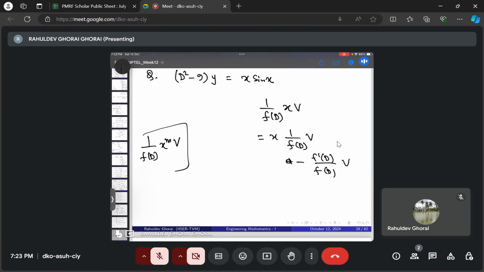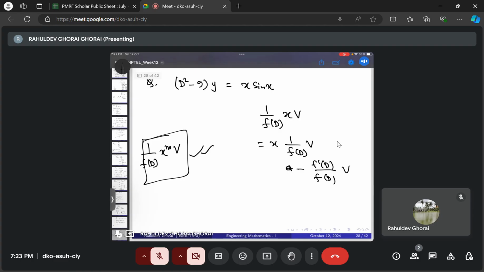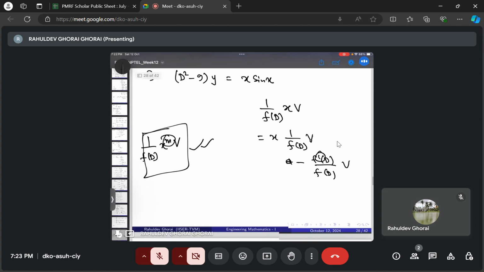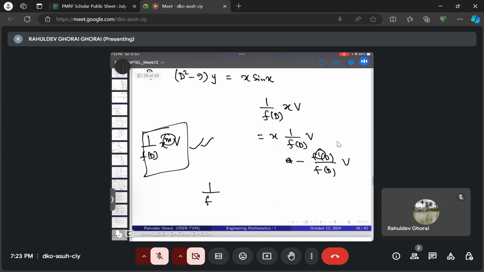Right now I don't find the rule. Mainly, it will depend on the m power. Okay, so just check it for x to the power m times.